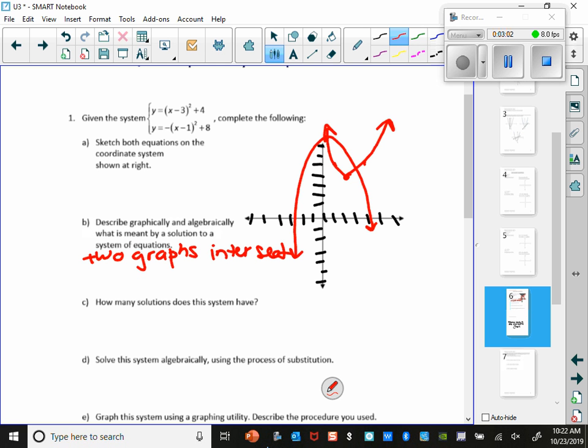So think about your x value as your input. So it's the inputs that would produce the same what? Outputs, right? So if you input like 5 into both of these graphs, if it is a solution, they would have the same output. So your inputs have the same output.